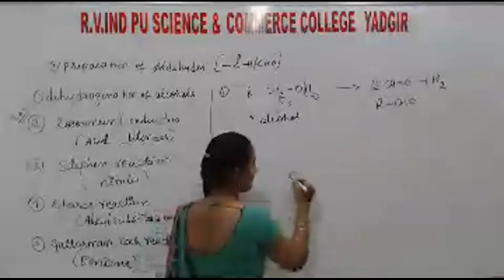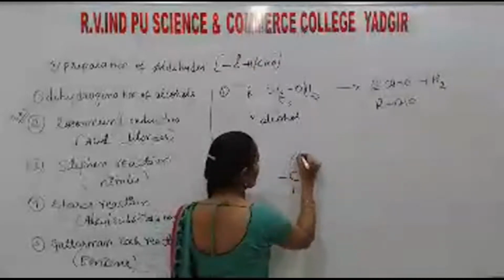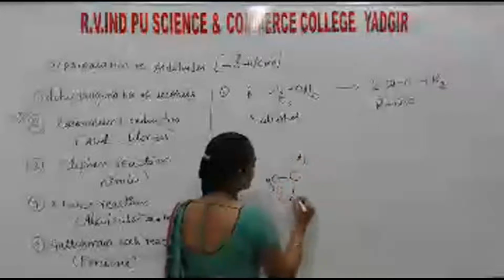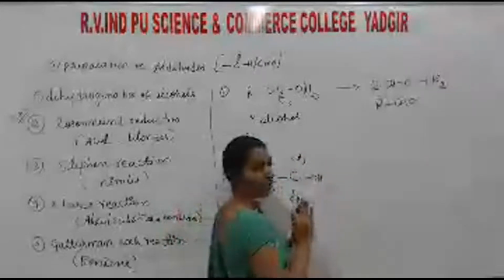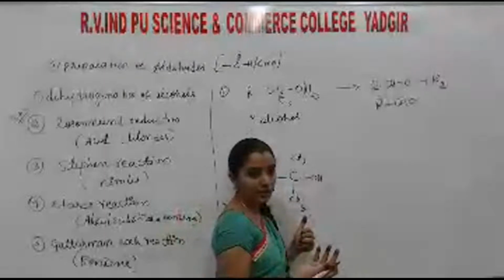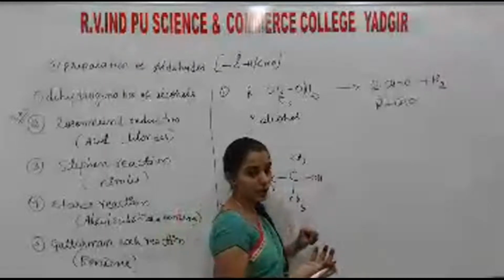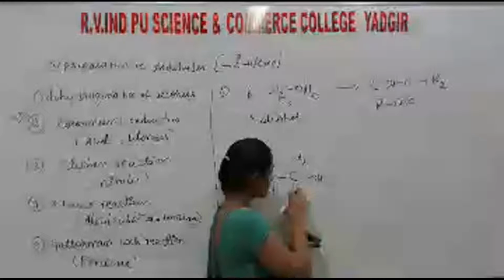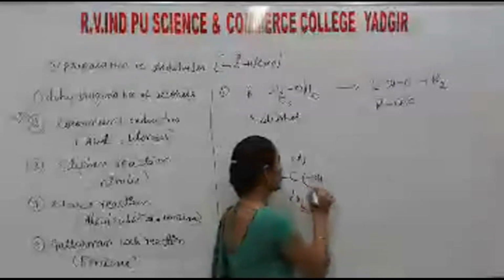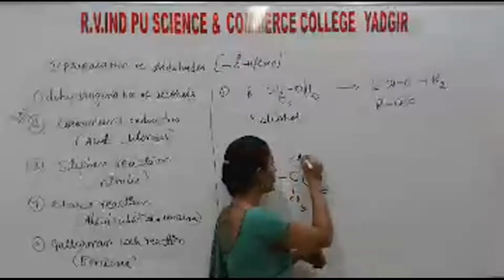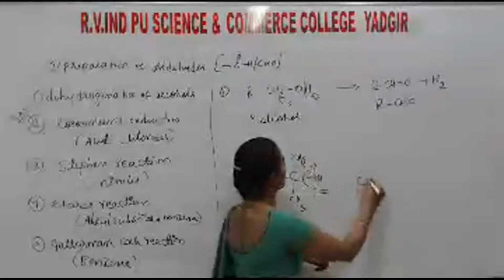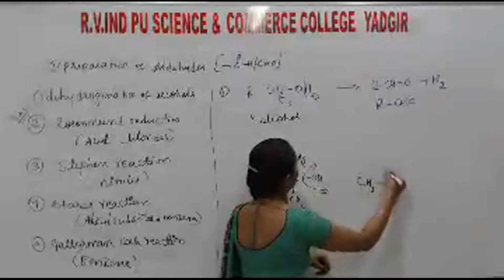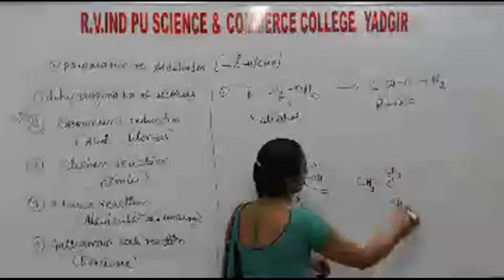Listen, I take the example of a tertiary alcohol here. This is CH3, CH3, CH3, OH. Here dehydrogenation cannot take place. Here dehydration takes place, because there is no hydrogen to remove. So that's why OH is removed, and from any one of the carbon atoms, H is removed. So of course they form a double bond, like CH3, C double bond CH2, CH3.